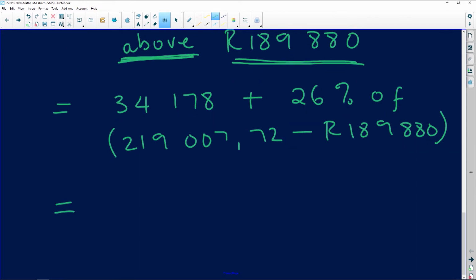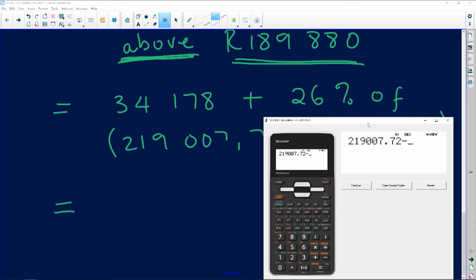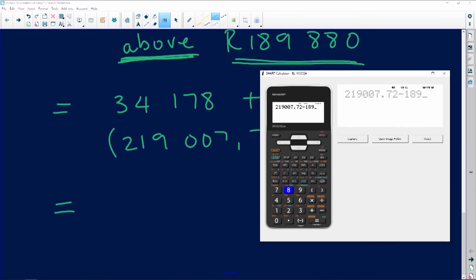So that's all that I'm going to be doing. 219,000 minus 189,880. And that's going to give us 29,127.